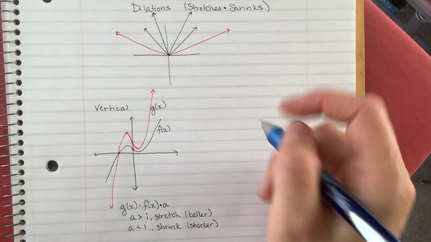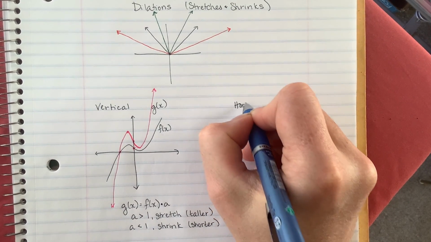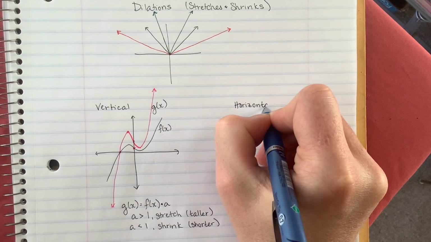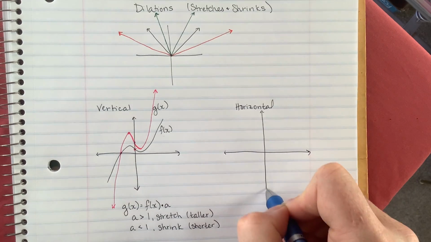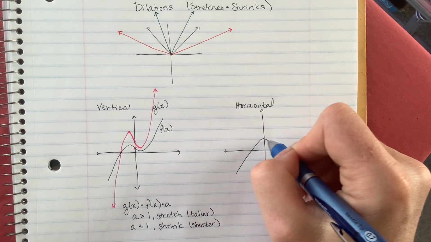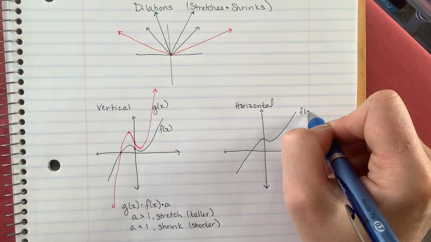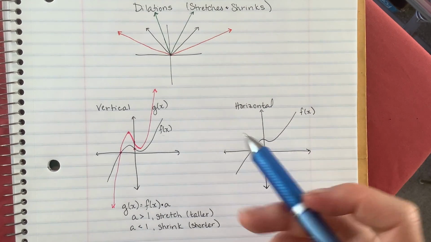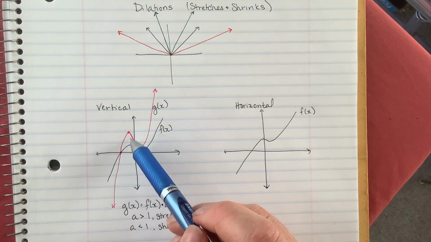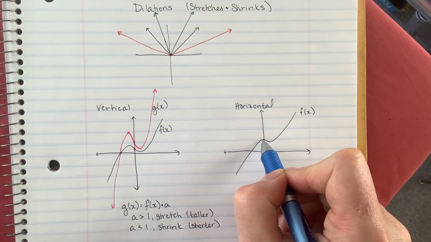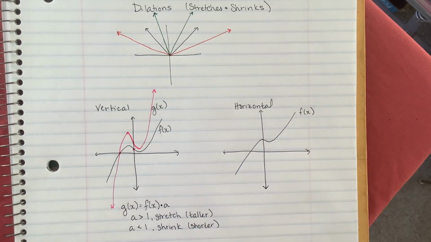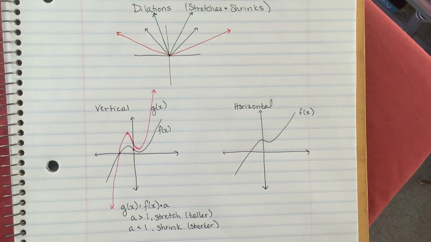So for horizontal dilations, you can think about them in a really similar way. So instead of talking about multiplying y values by some factor, you could say for this same y value, we're going to multiply the x value by that factor.